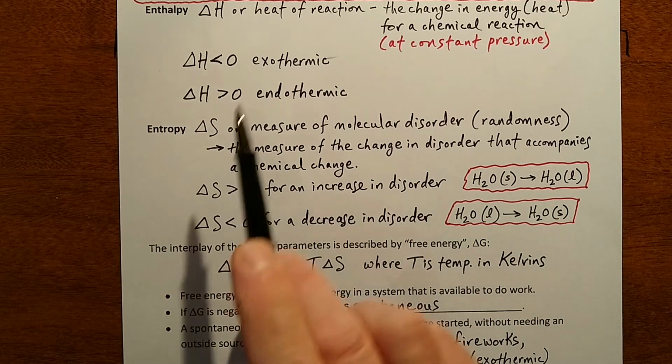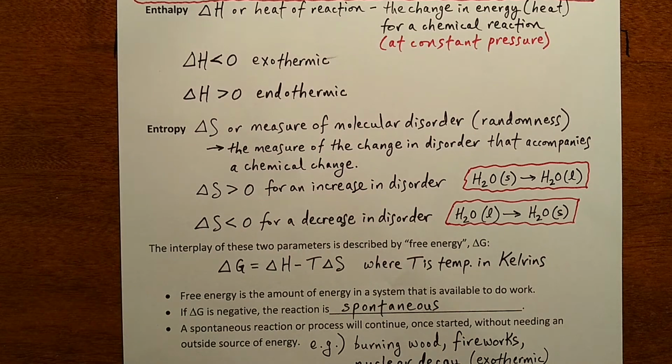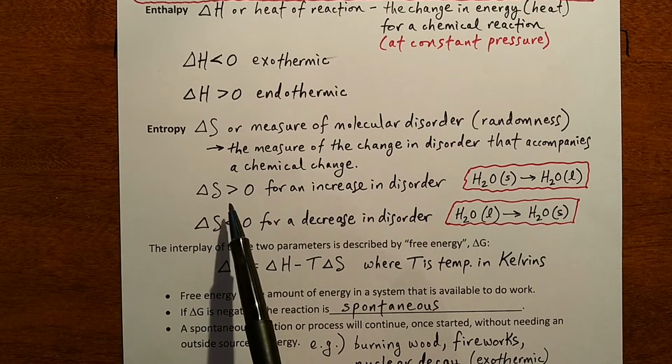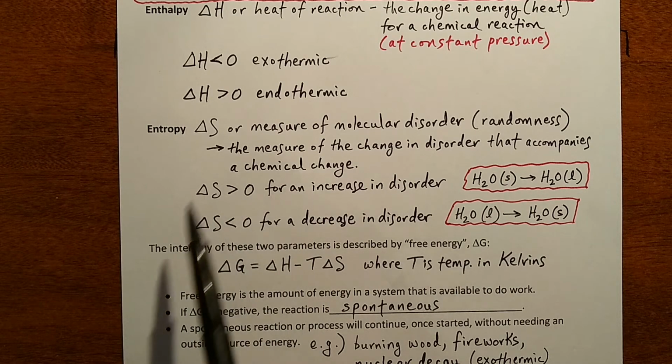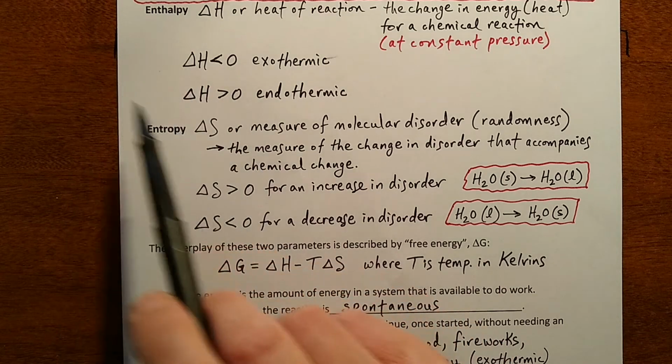Whereas delta H being negative means that heat is released, a negative delta S means that there's actually a decrease in disorder. So a positive delta S would mean there's an increase in disorder. It can be a little bit confusing to understand that versus this.